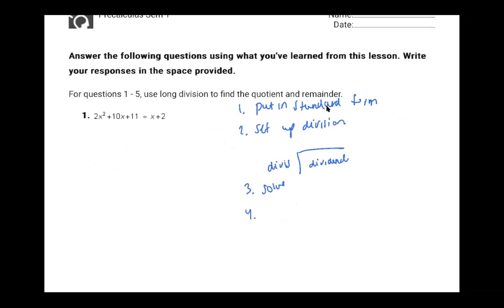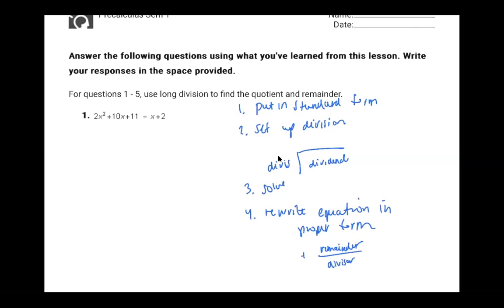And then you have to make sure you rewrite your equation in proper form. What I mean by that is making sure that whatever your remainder is, you put plus your remainder over your divisor. You can't just leave that out.